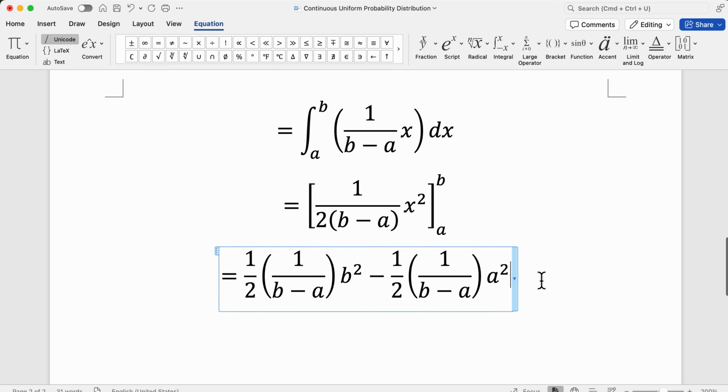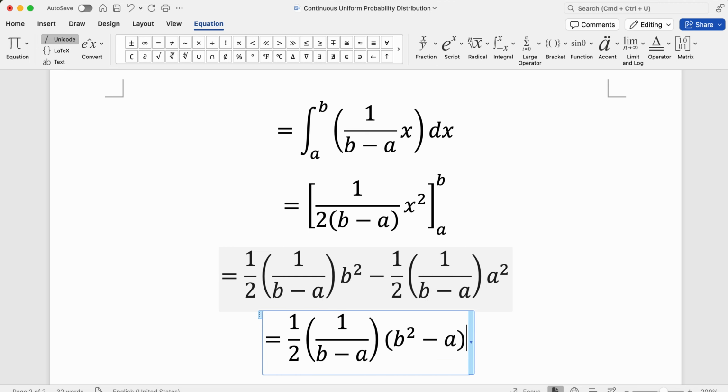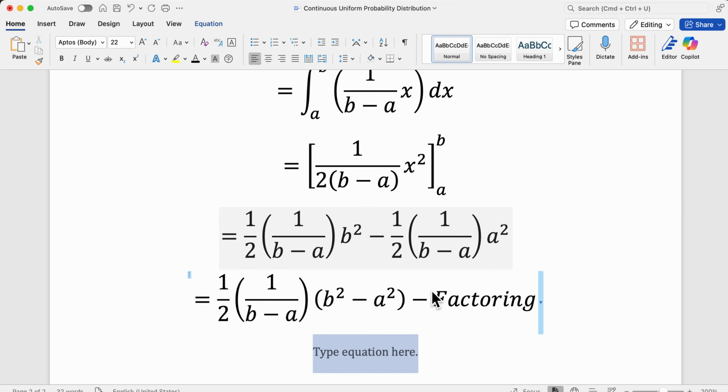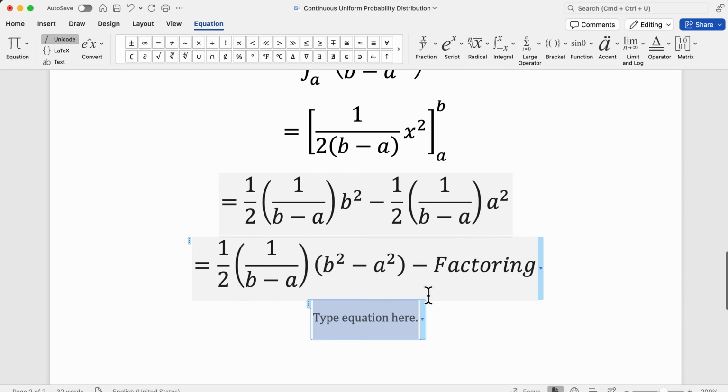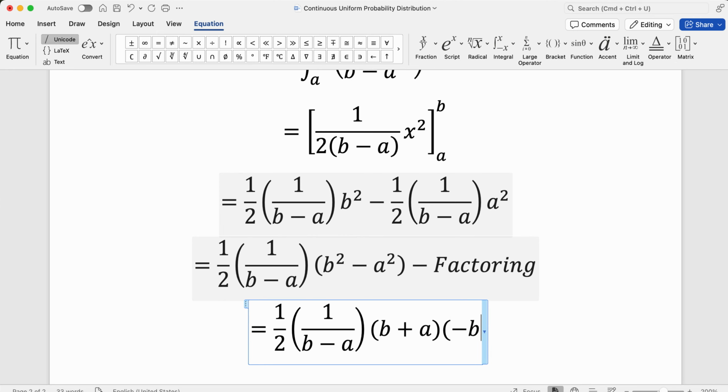We can do some nicer, simpler algebraic simplification, because once we factor out 1/2 times 1 over b minus a, we get b squared minus a squared. This is just factoring: b squared minus a squared is a difference of two squares, so I can express this as 1/2 times 1 over b minus a times (b plus a)(b minus a).